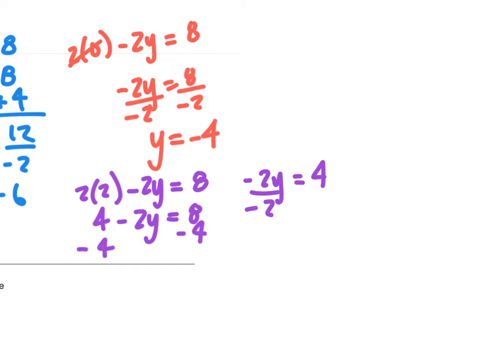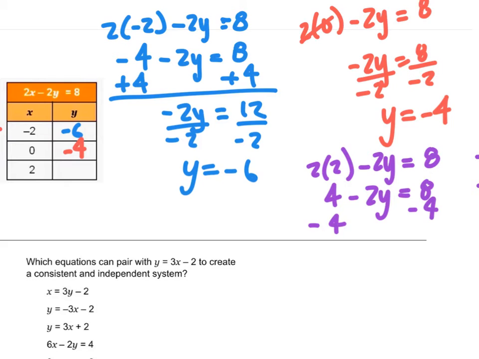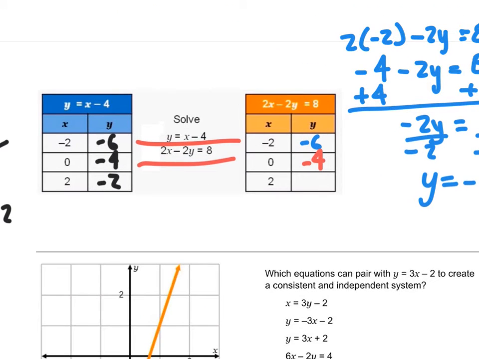Divide by negative 2, divide by negative 2, and so y is equal to negative 2. So again, we get the same thing. The tables are the same. So if all of those points are common, then we have infinite solutions.